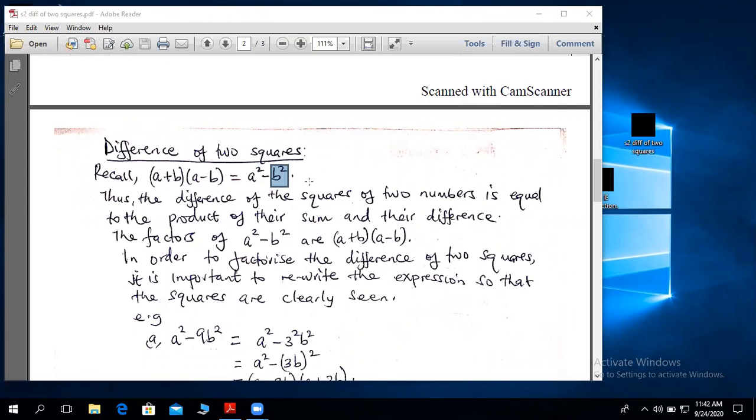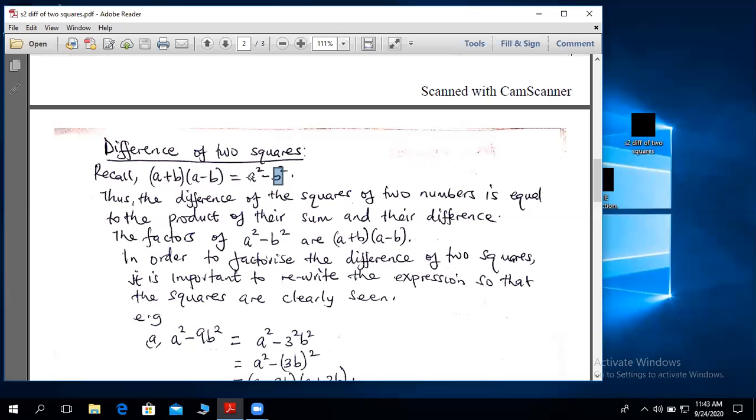Understand the English. The difference of the squares, this is my first number A, this is my second number B. So I'm saying the difference of the squares. Difference means subtraction.